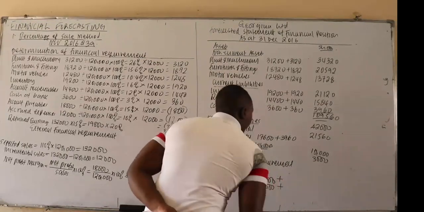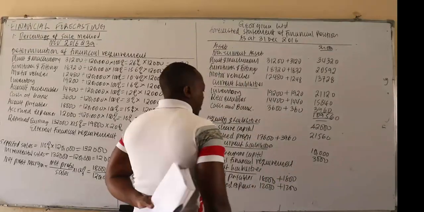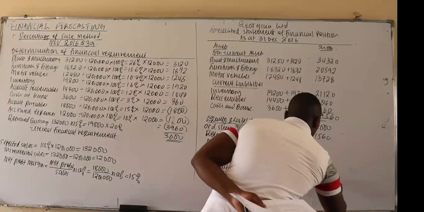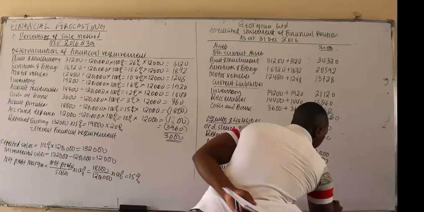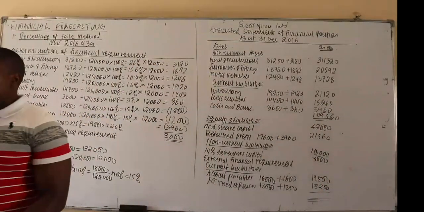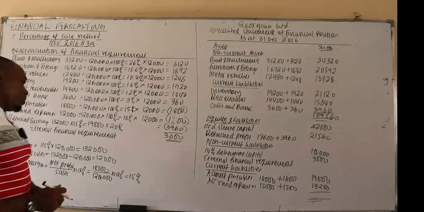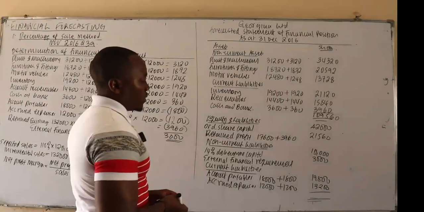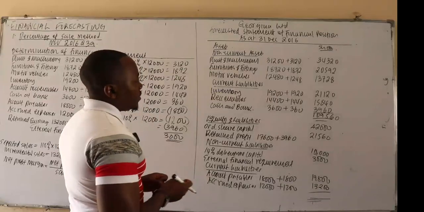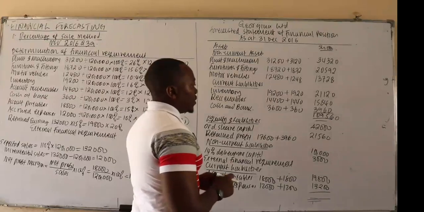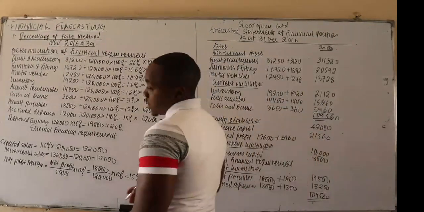Then you add the incremental element, 1,800, 1,200. So that one will be 19,800. 12, 13, that one will be 13,200. Give me the total. Sorry? 1,156. And copy.